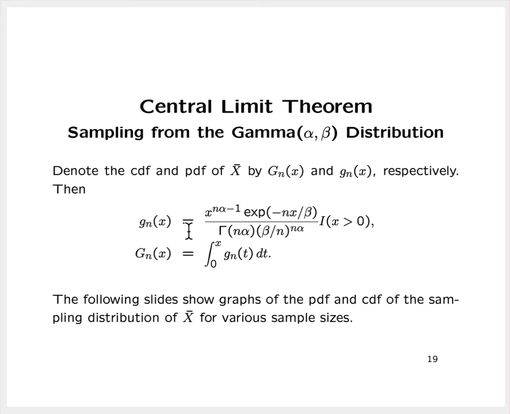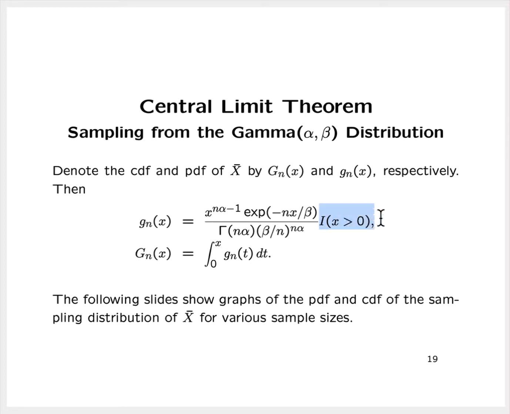Calling the argument x, the PDF is x raised to the n times alpha minus 1 times the exponential function evaluated at negative n times x over beta, divided by the gamma function evaluated at n times alpha times beta over n raised to the n times alpha power, for values of x that are positive.